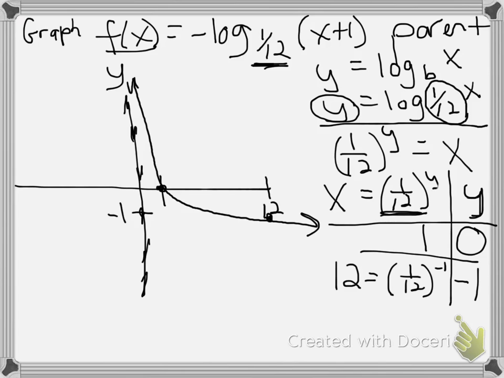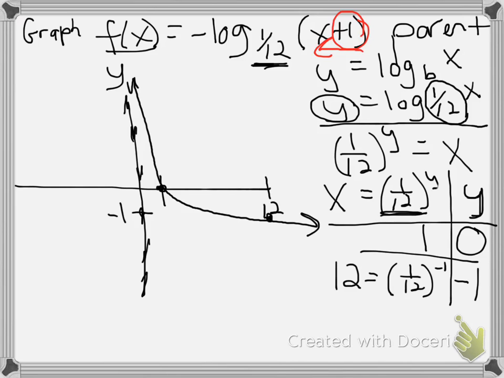Now we have 2 transformations to do. So the first one I'm going to point out in red, which is this one right here. Notice that the +1 is with the x, so that's a horizontal transformation. That tells us to go 1 to the left.